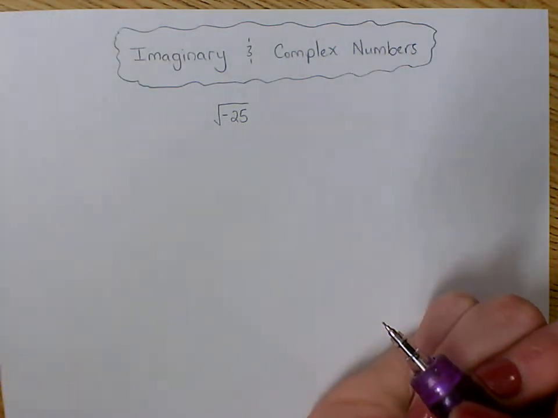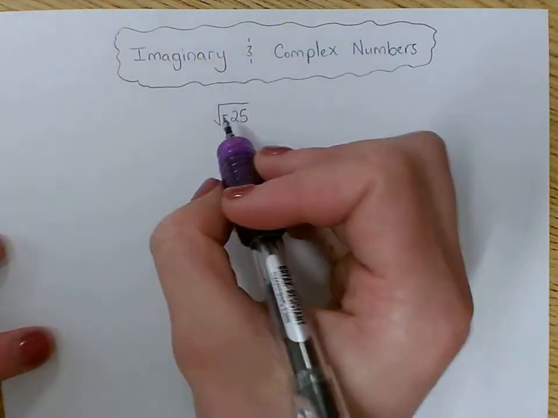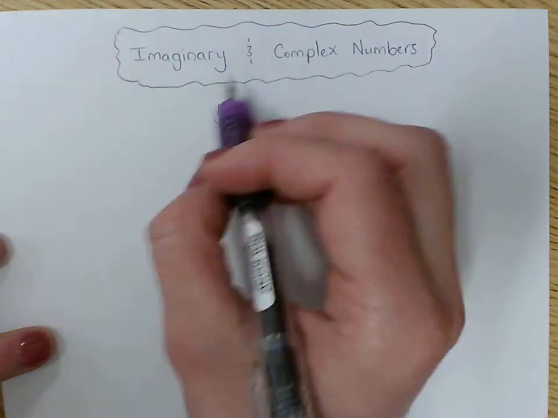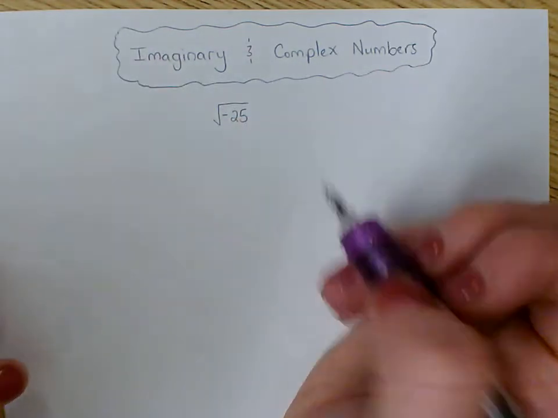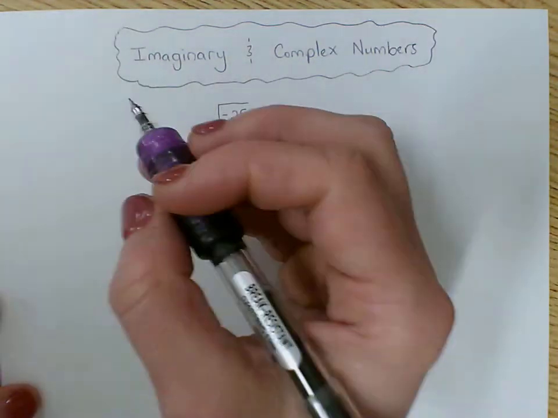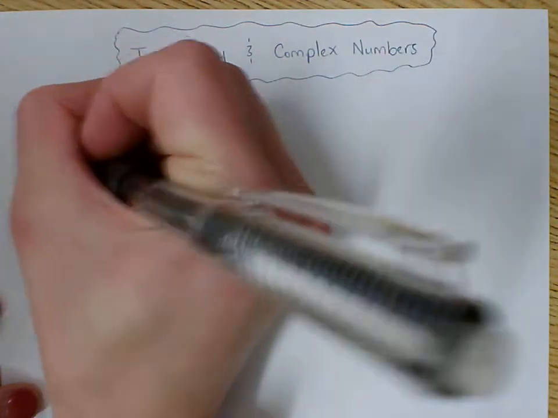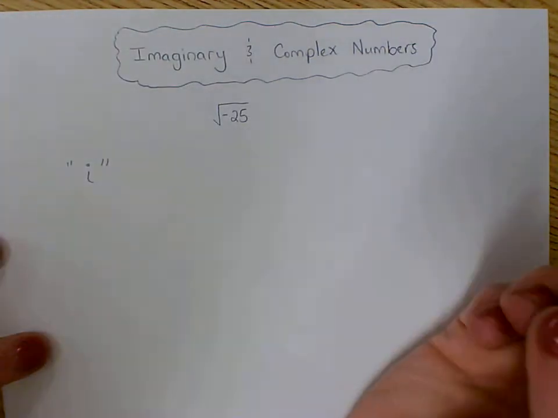That's what we're talking about today, how to simplify stuff whenever you have imaginary numbers in the problem. So let's start by talking about what an imaginary number is, and it has to do with the letter i.